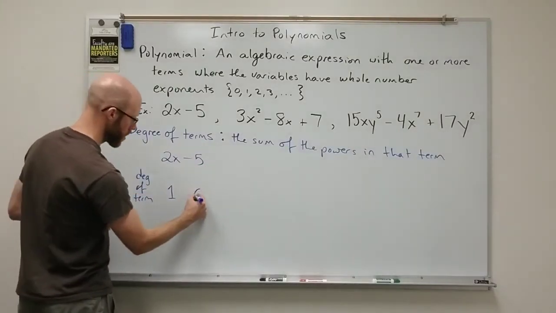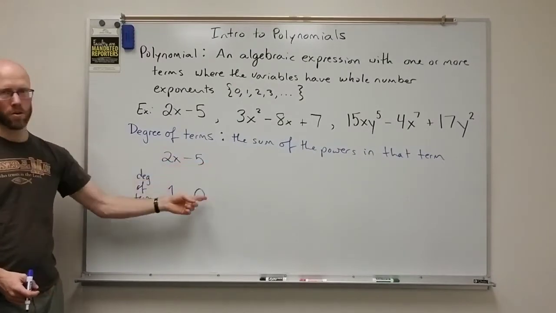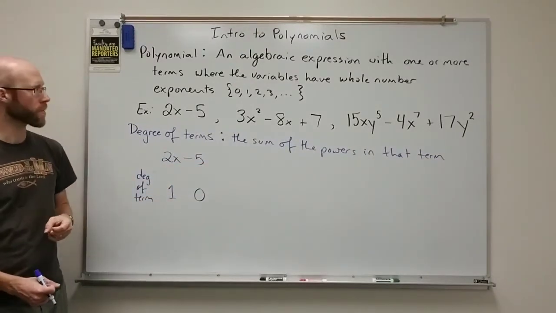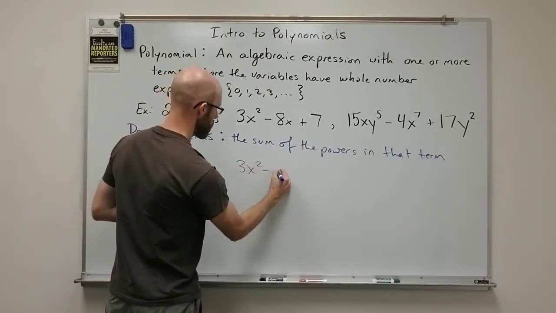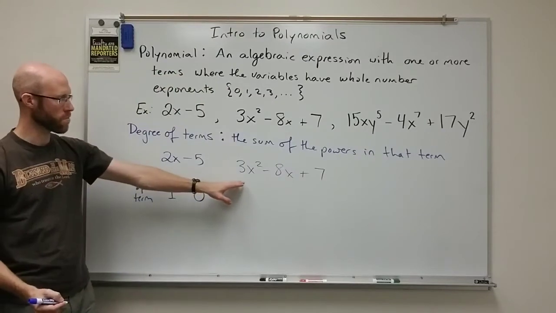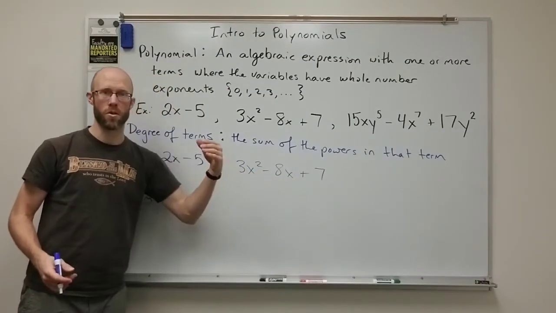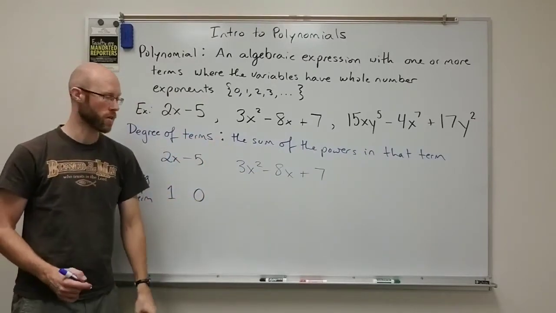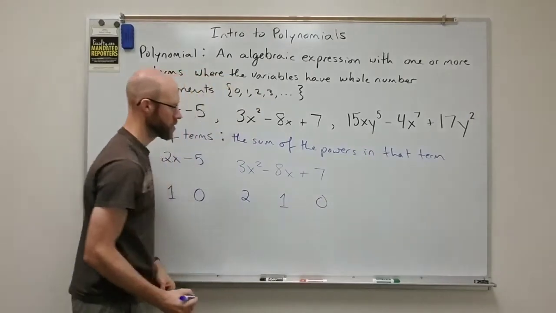So we have a 0 degree on that one. If you don't see a variable, we call it a degree of 0. For the second one here, 3x squared minus 8x plus 7, the degrees of the terms are 2, 1, and 0 because those are the corresponding powers on the variables.